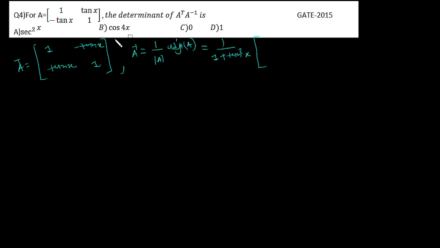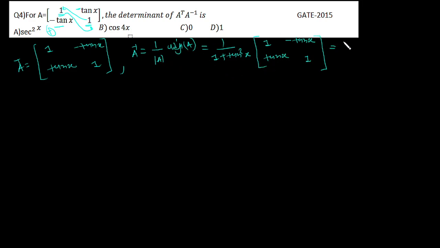What you have to do is simply swap the diagonal elements. Here both elements are identical, so the diagonal does not change. Here we simply change the sign: make positive if it's negative, and negative if it's positive. So here we get minus tan x, and here plus tan x. So we have also found A inverse.